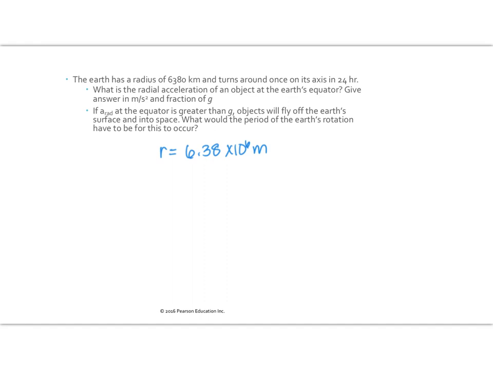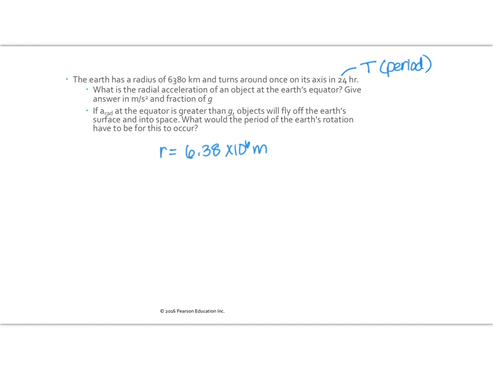And we're saying it rotates once in 24 hours. That's actually the period. We're going to use capital T to denote the period of its motion, which is the amount of time it takes to go through a repetitive motion once. You're going to see that this is a common way that we denote period in physics.